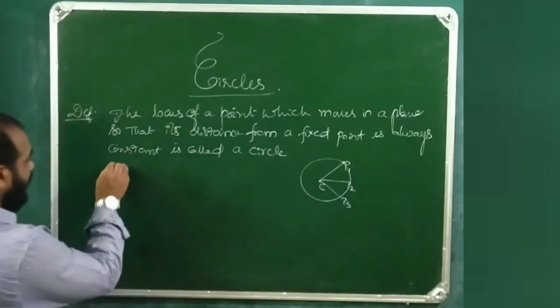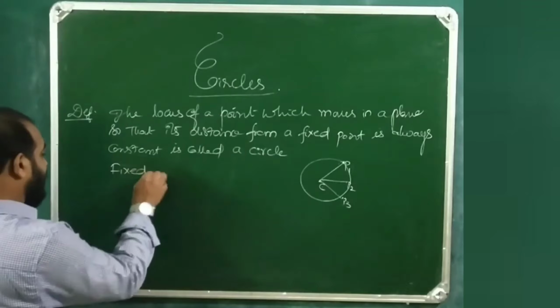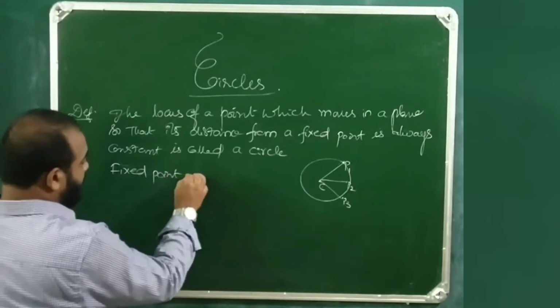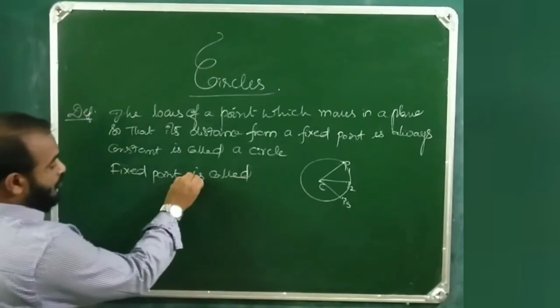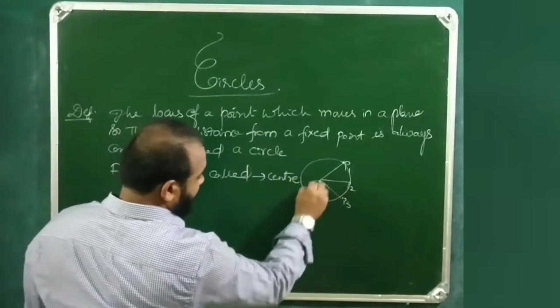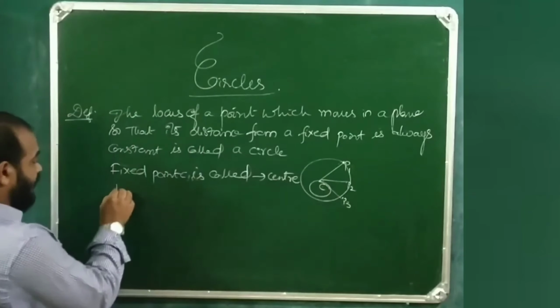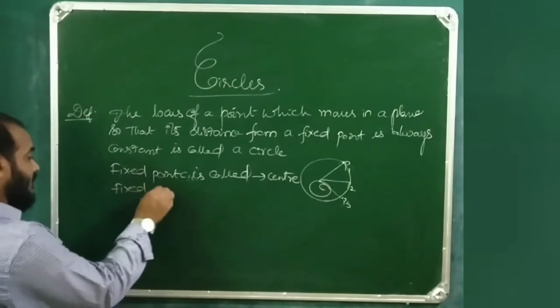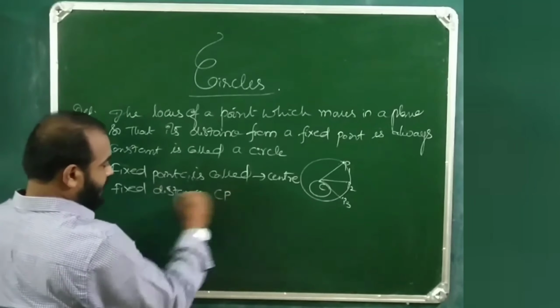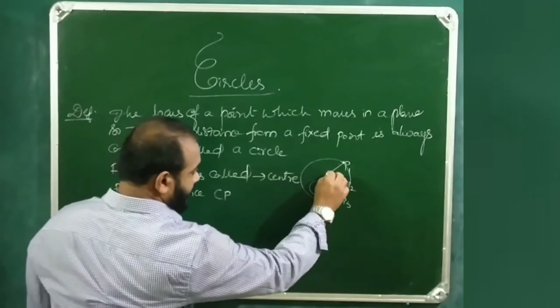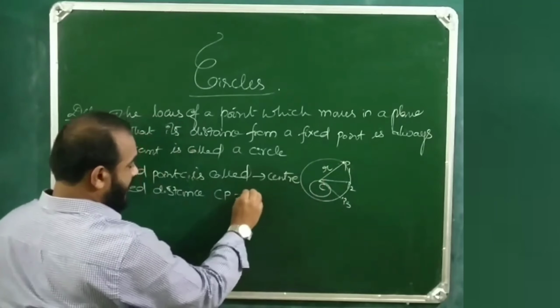Here the fixed point C is called the center. So this is the center. The fixed distance CP is equal to r.